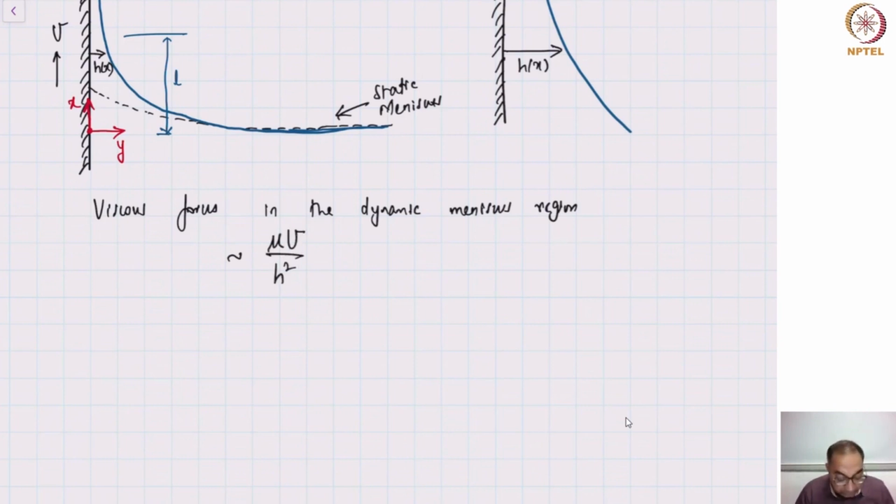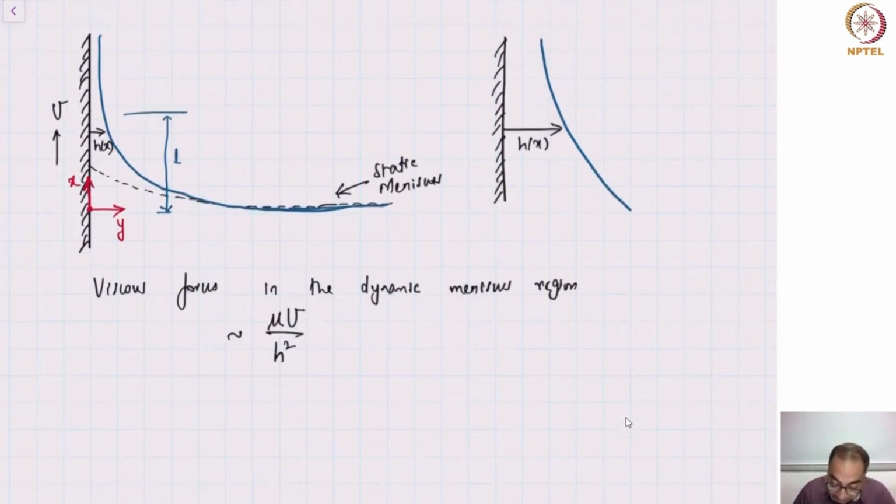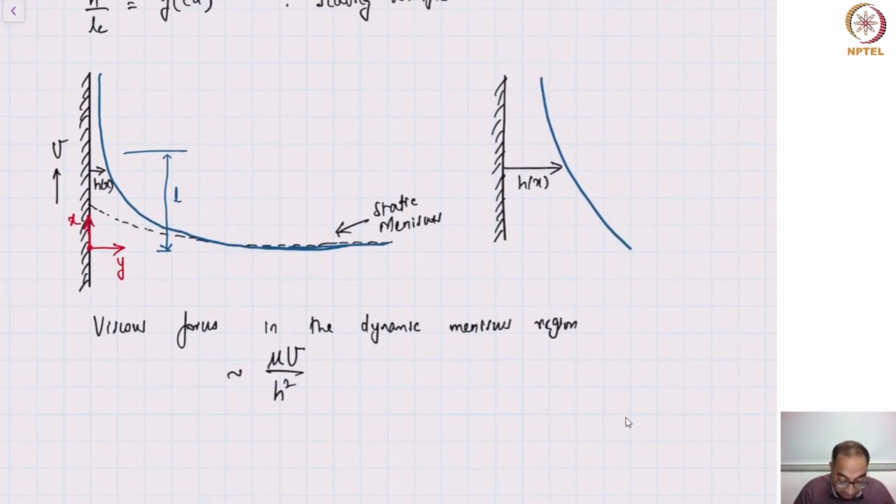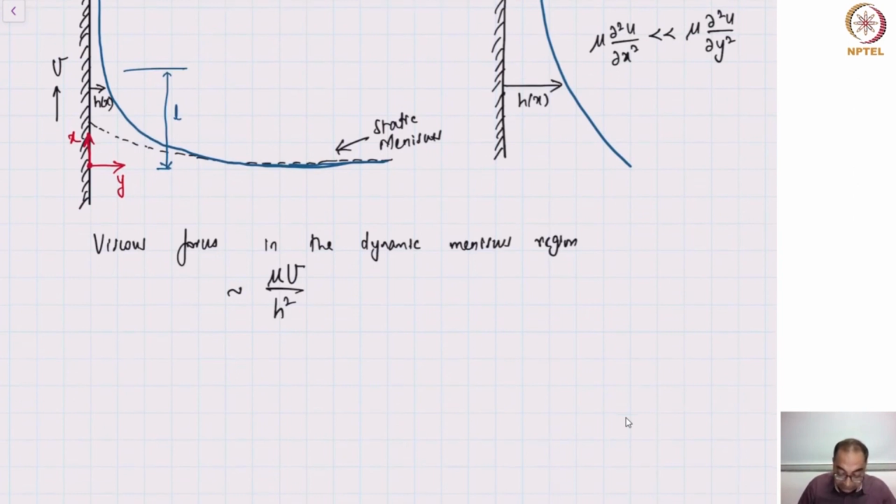Recall that this term comes in when you look at this equation, the dynamic meniscus region. This is a thin film, so the meniscus is vertically steep, and the variation along the plate is much smaller than the variation normal to the plate. So that's the first observation. So then in this region, the viscous forces are as follows.